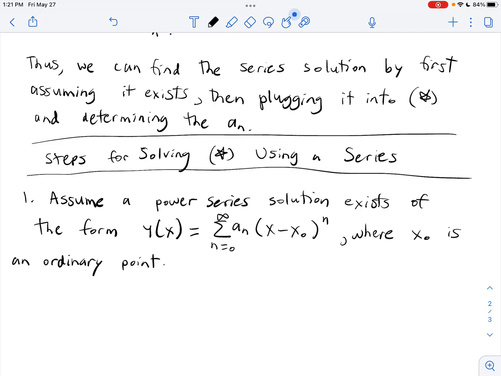Now, again, typically we're going to choose 0. Okay? So let me write that down.